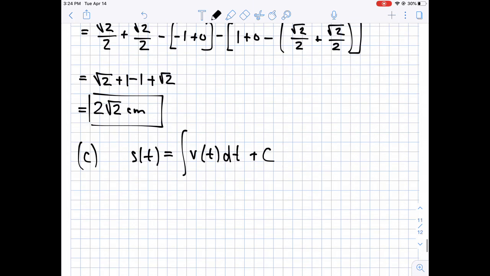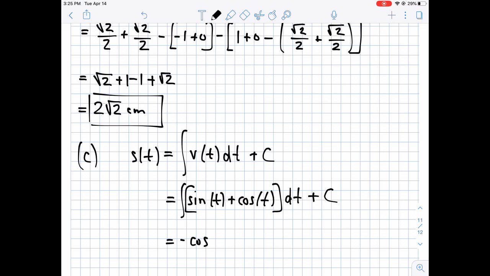We can plug that in. We get sine of t plus cos of t. We do our antiderivative. Antiderivative of sine will be negative cos. Antiderivative of cos will be positive sine.